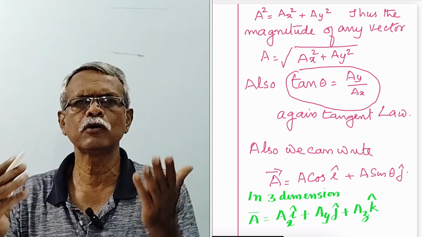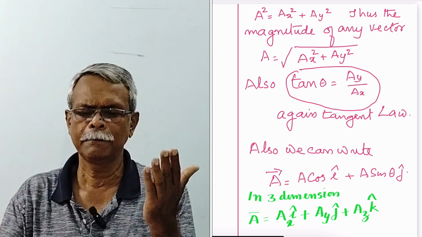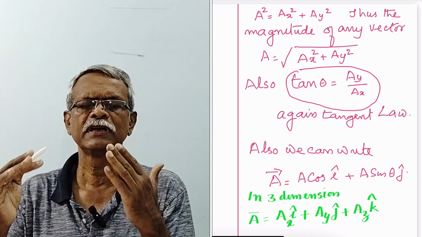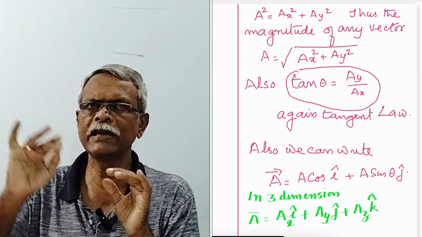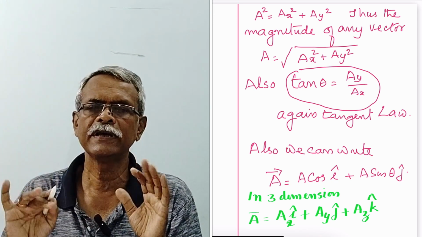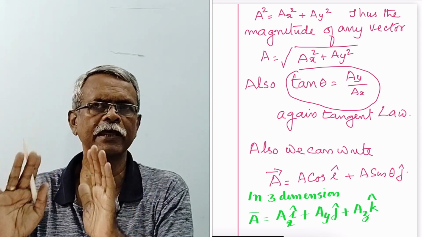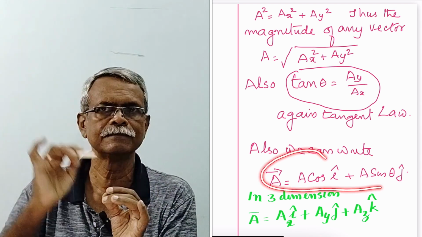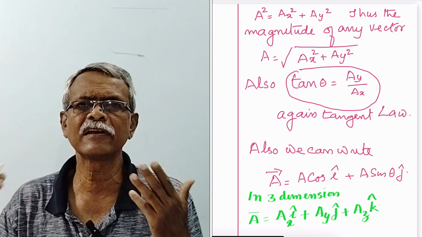In 3 dimensions, obviously, we have ax i plus ay j plus az k. But writing in terms of angles is applicable only for 2 dimensions, because we are taking only an angle and a length. In order to extend that to 3 dimensions, it is slightly more complicated.